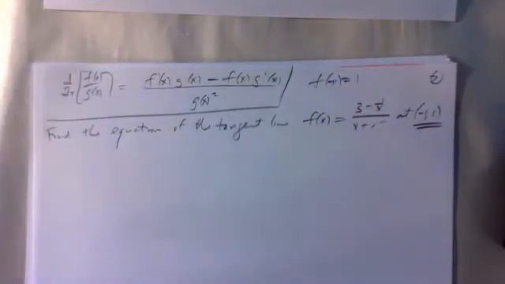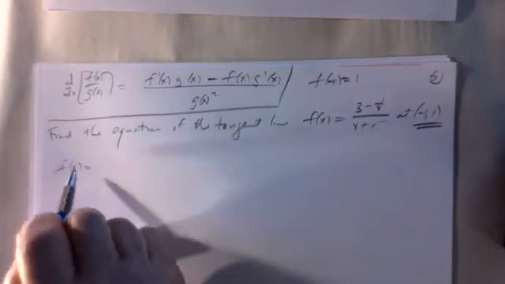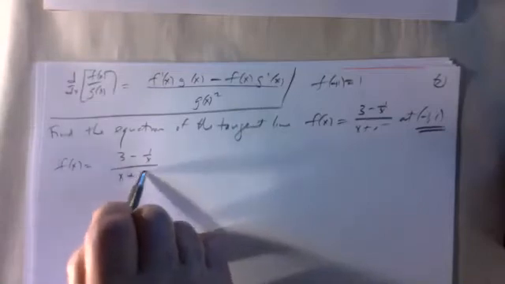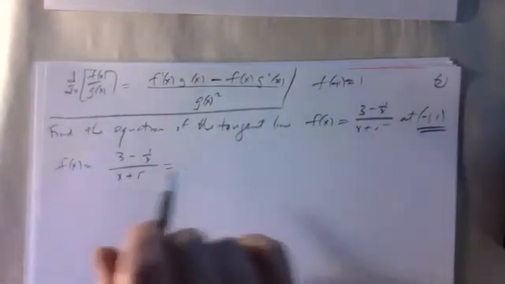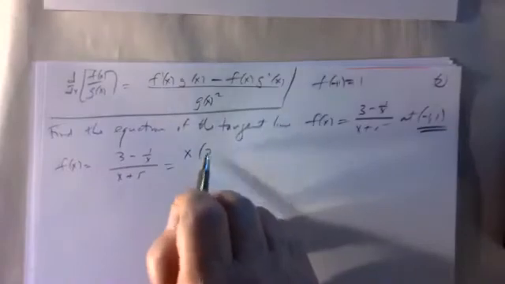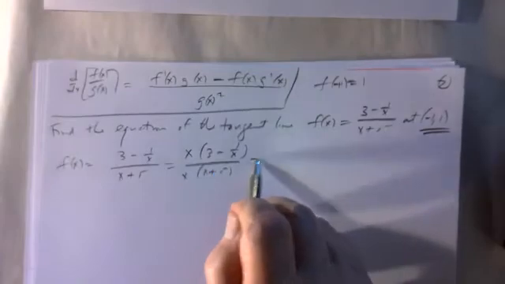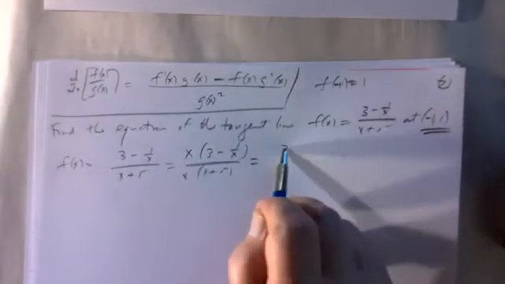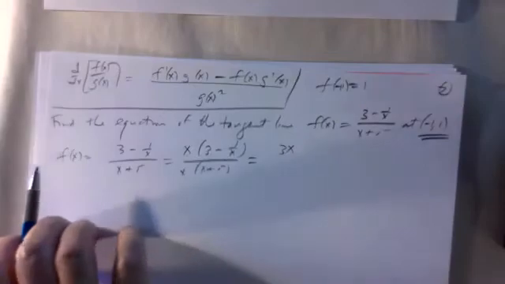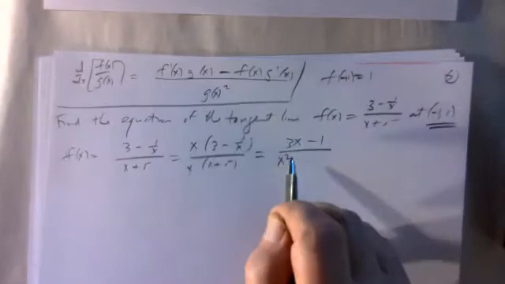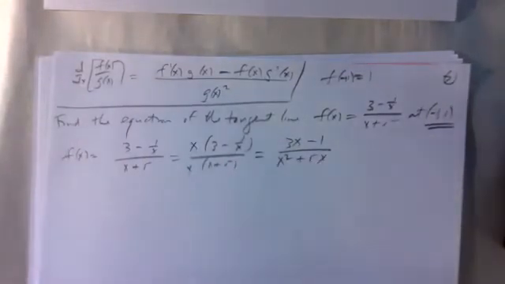So I want to find the derivative of this. The numerator is already a little bit complicated, but I can simplify. Because f of x, which is 3 minus 1 over x, over x plus 5, if I multiply the numerator and the denominator by x, in the numerator I get 3x, and x times 1 over x is 1, so I get 3x minus 1 over x squared plus 5x.